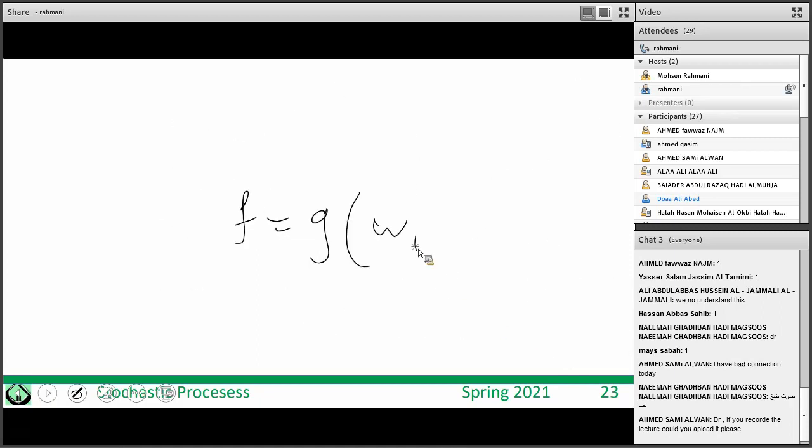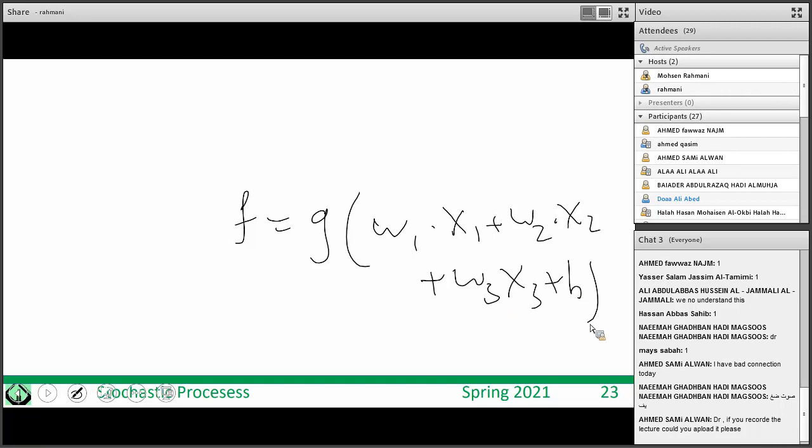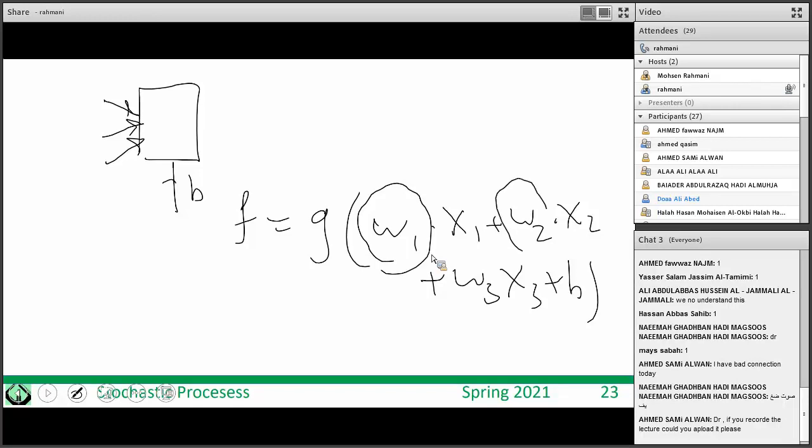It means that w1 in x1 plus w2 in x2 plus w3 in x3 plus b. Here we have to find w1, w2, w3 and b.